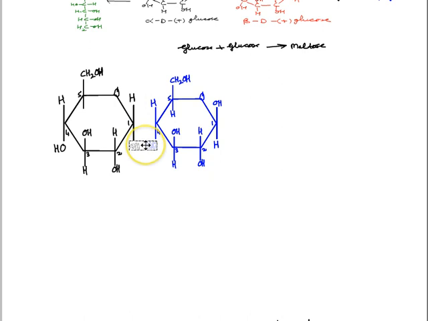Now if we remove this OH and OH, the two H and O form water and move out. So what is left is oxygen, and oxygen is over here. So the bond formed is called alpha glycosidic bond, and we call this molecule maltose.